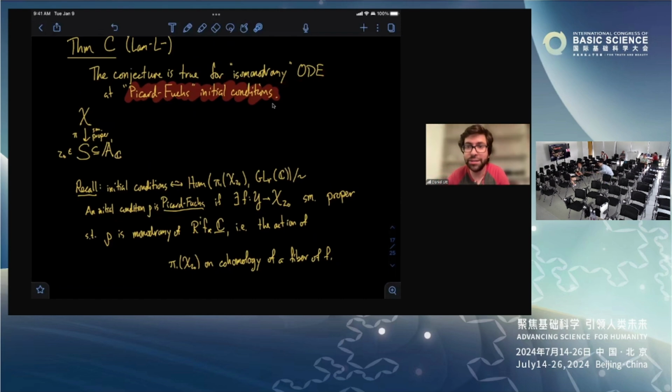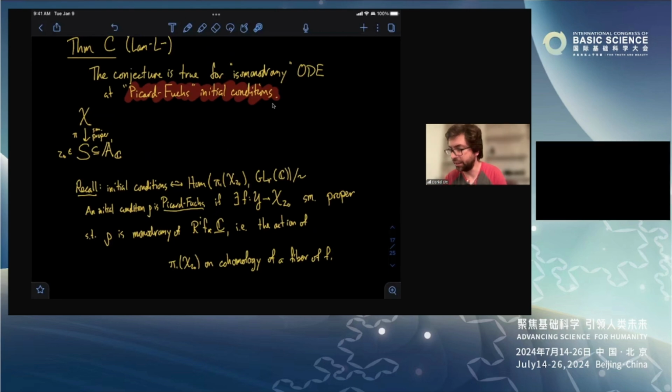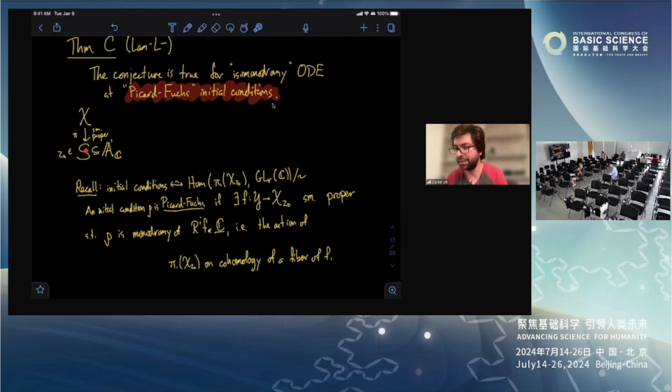Oh yeah, go ahead. Yeah, that's right. So more generally, here you can let X and S be arbitrary. It doesn't have to be inside of A1. And here, yeah, the condition is saying that it's a Gauss-Manin connection. That's right.